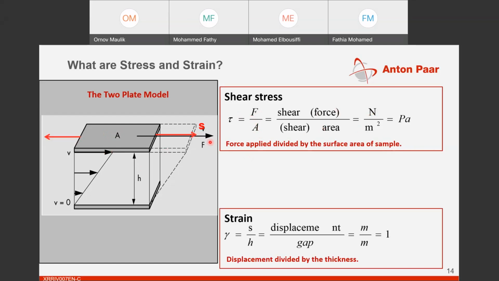And if we divide this displacement by the sample height, we get the shear strain. This shear strain is a unitless quantity because we are talking about displacement and height, both of which have the same units, so you don't have any particular unit for strain.